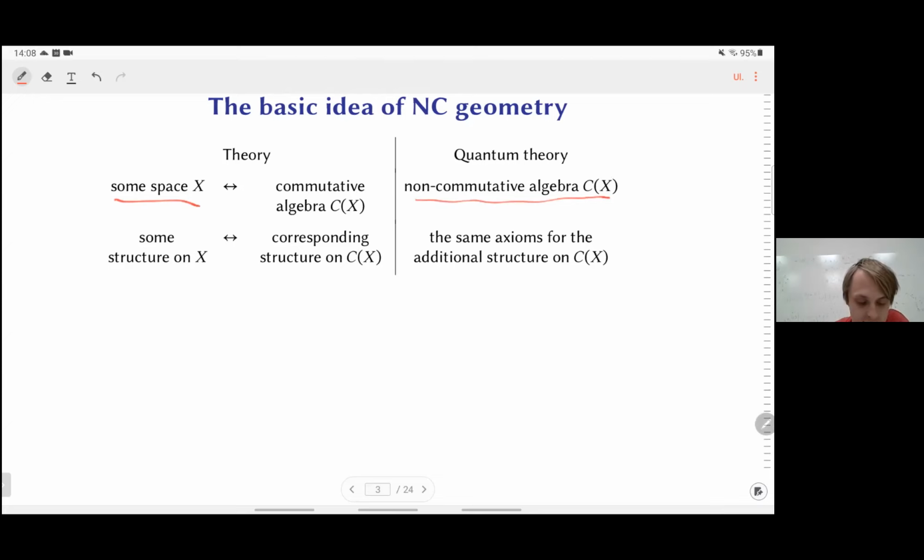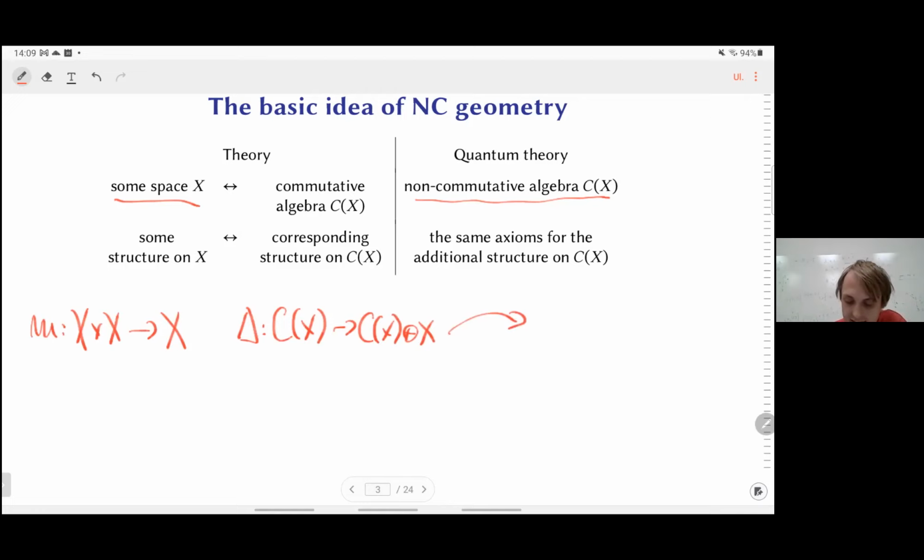And then we can consider some structure on this space X, reformulate the structure in terms of the algebra, and then take the same axioms for the non-commutative case. For instance, if we have multiplication on this space X, so this space X is a semigroup, then we can reformulate this in terms of co-multiplication on the algebra of functions.